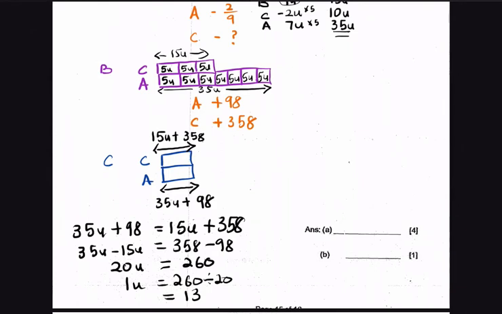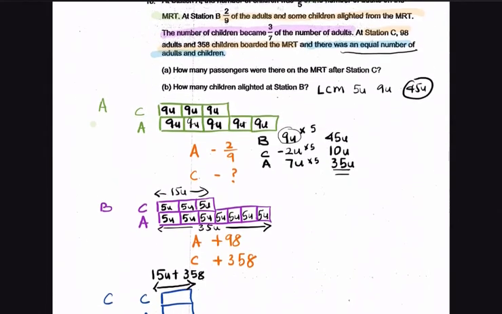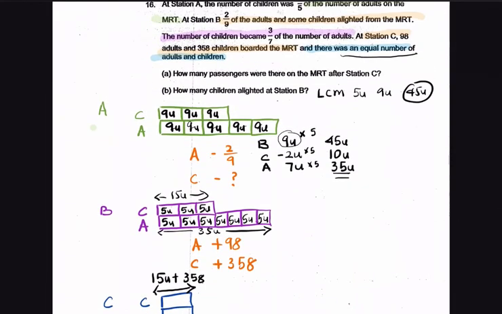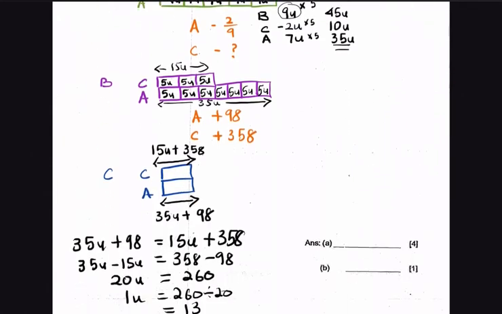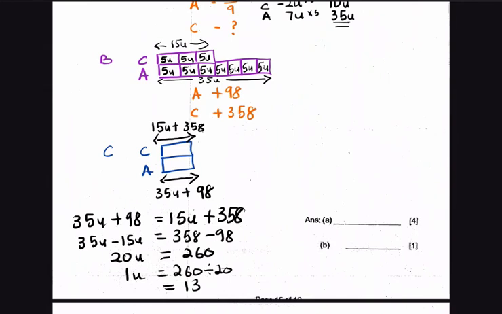So when we find what is 1 unit, we can proceed to do the rest. Okay, so part A, how many passengers were there on the MRT after Station C? So now that we know 1 unit is 13, we need to substitute this value into the equation. Now, since children and adults are equal in number at Station C, we just have to pick one of the equations to find what is the total.